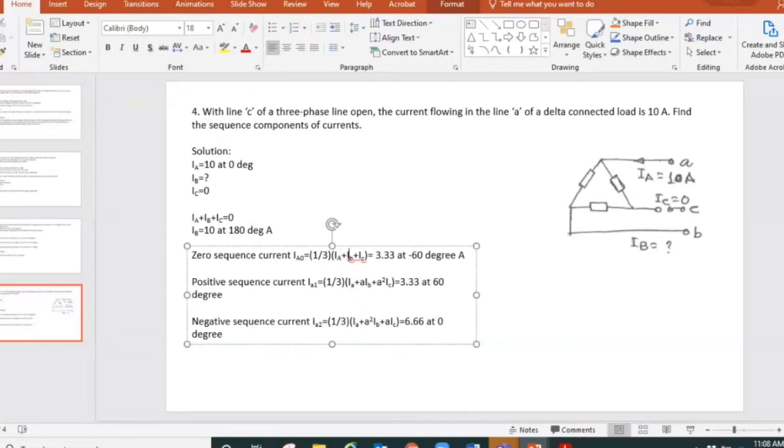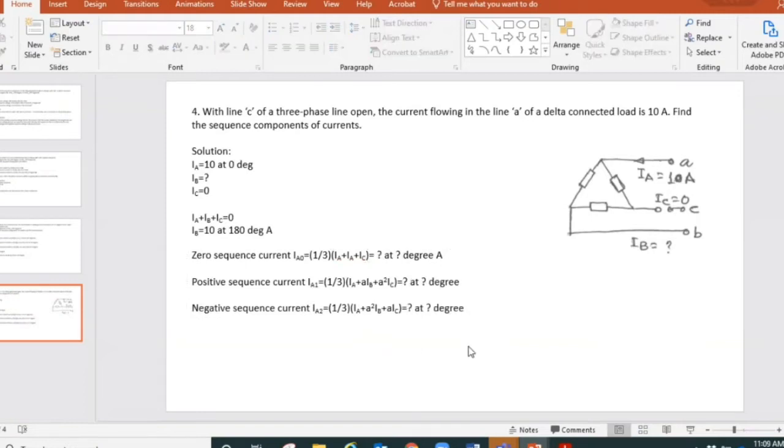I'm just changing them to capital letters. Minus 10, IA 0. Oh, you're saying minus 10, 180 degrees. It's 10, 180 degrees. If it is minus 10, then it is plus 180 degrees.